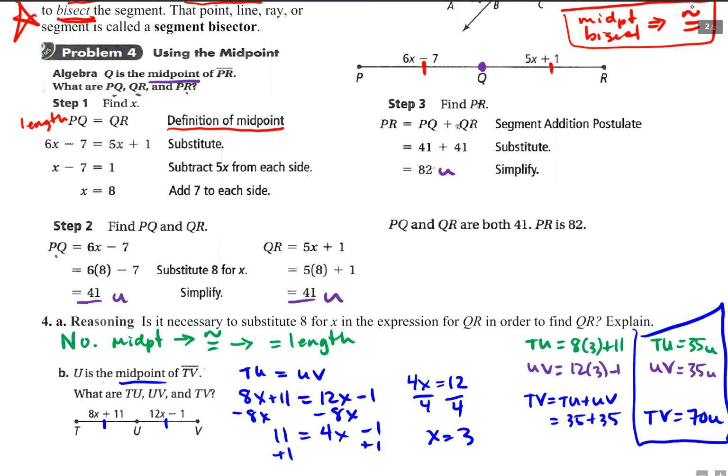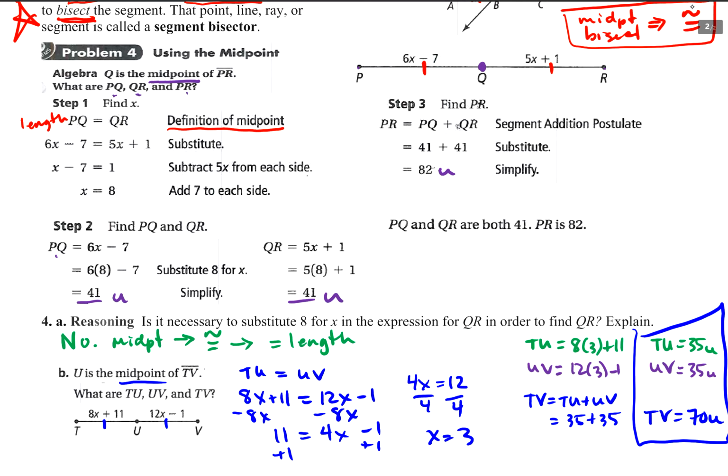Now, I could have simply just found the length of TU. I would then know the length of UV because they are congruent, so they are equal lengths, and then I would just have to multiply by 2 to get the total length.